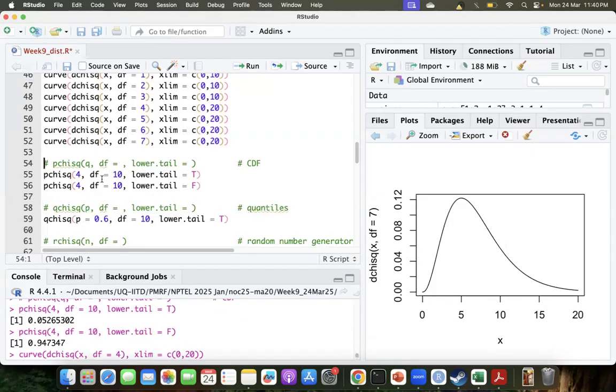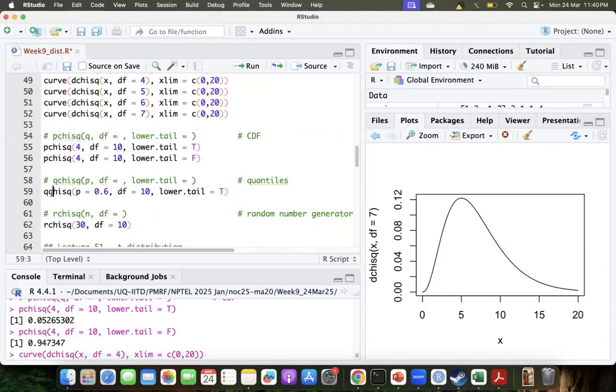Then for chi-square again, CDF, same thing. Up to a certain value or above a certain value based on lower tail true and false with degrees of freedom. Then quantiles also. So if you want to have, what is the value up to which your probability is 0.6.